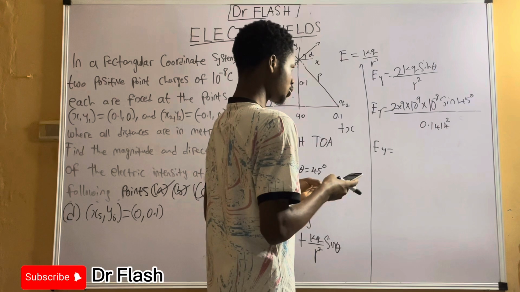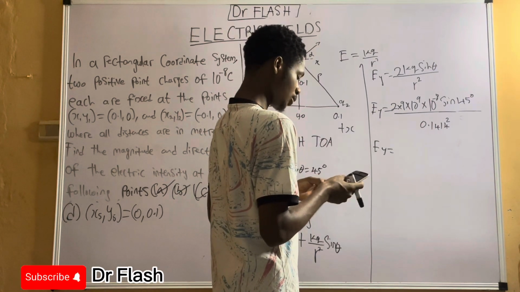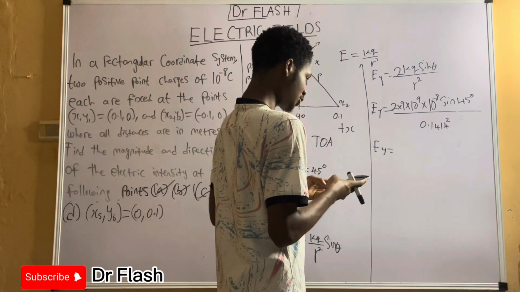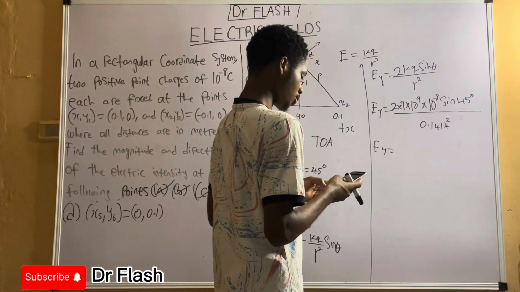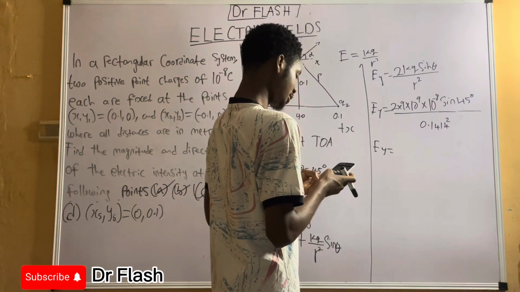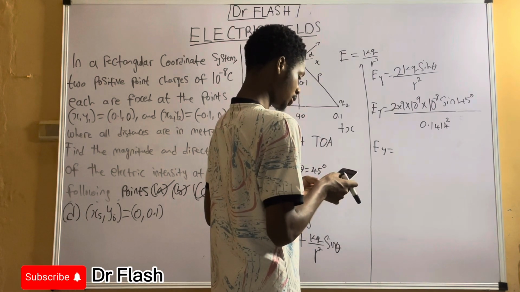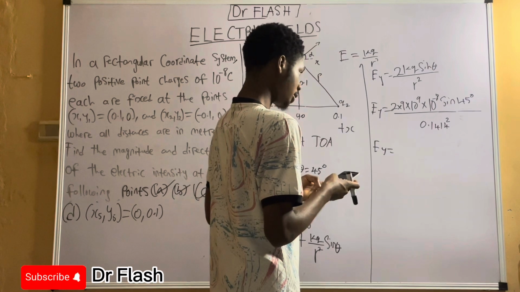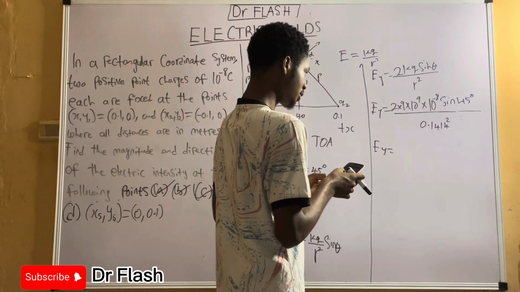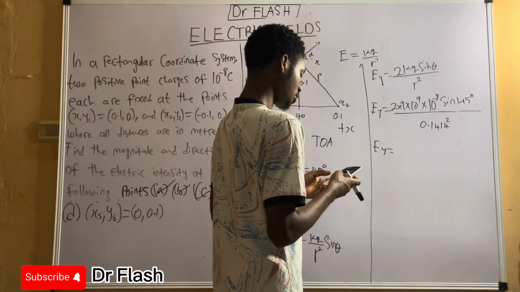What are we going to get as the value of EY? That will give us 2 times 9 times 10 to the power of 9, times 10 to the power of minus 8, sine of 45 degrees divided by 0.1414 squared.